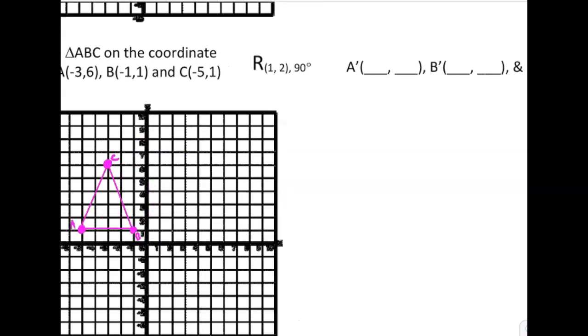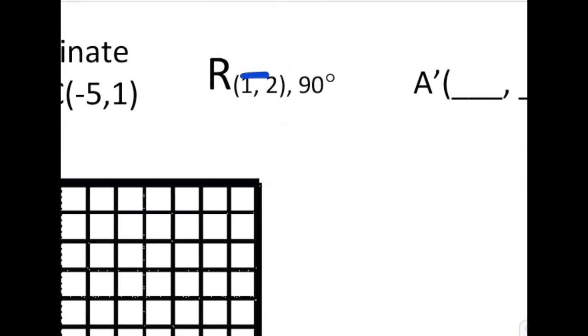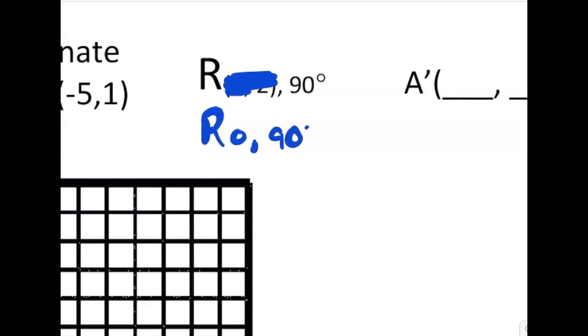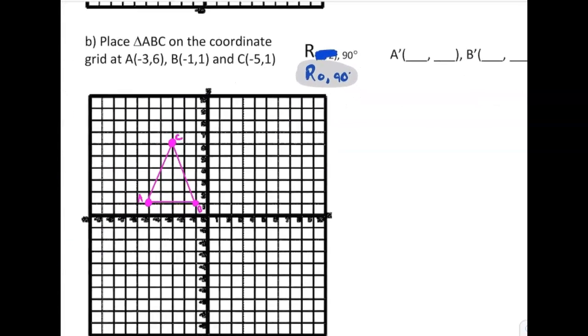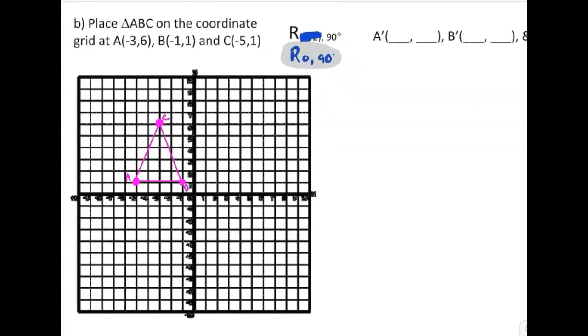Okay, for question B, we're going to make the same change we made before. We're going to change this to rotate from the origin 90 degrees. We're not going to mess with anything that's not the origin yet. So now you have a choice. You can use your rules.